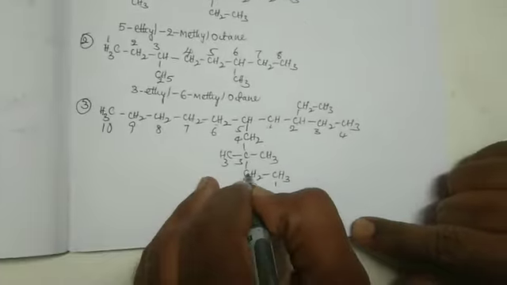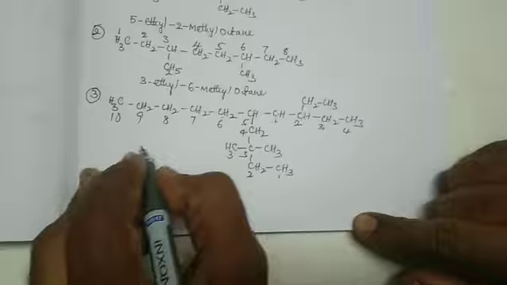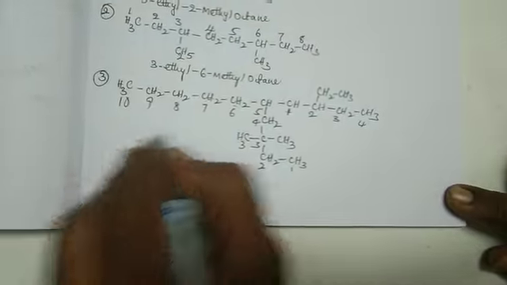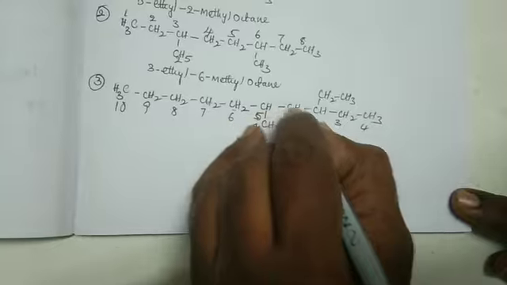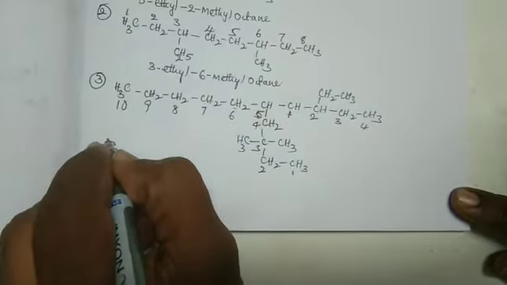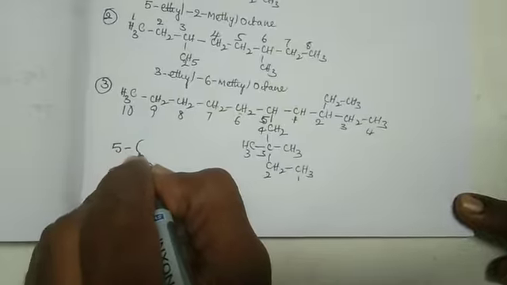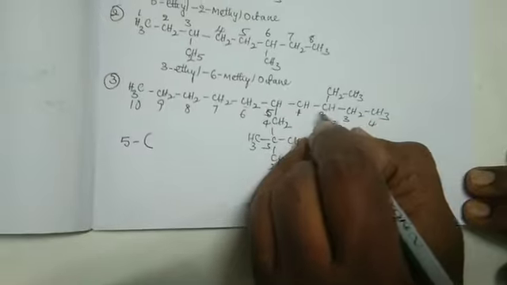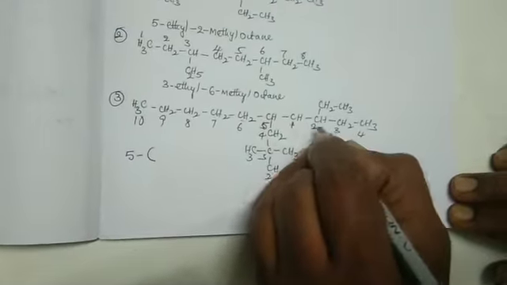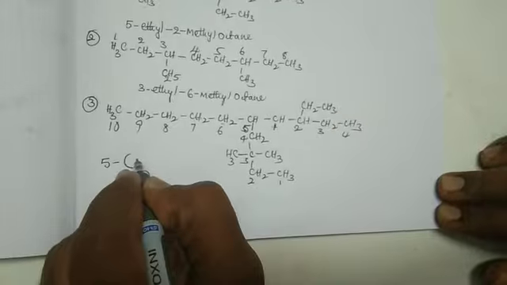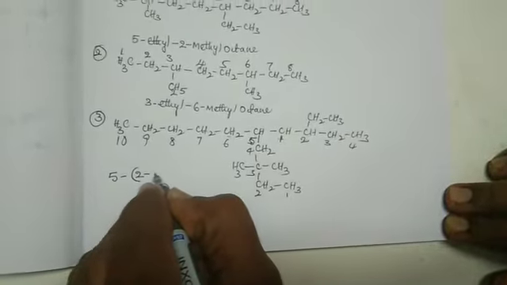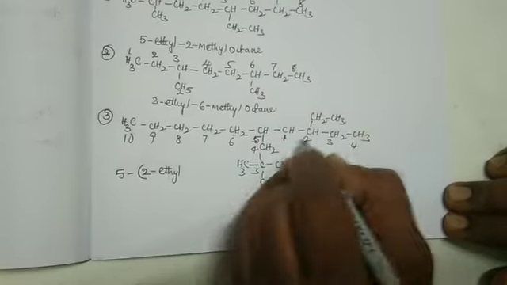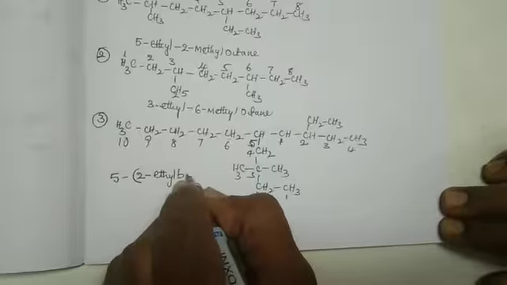So when you have a substitution on a substitution, you write the fifth carbon first, then on the substitution, which carbon has the substitution, the second carbon. On that second carbon you have the ethyl group, so 2-ethyl, and the remaining is butyl, 2-ethyl butyl.